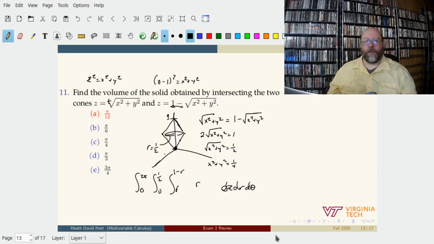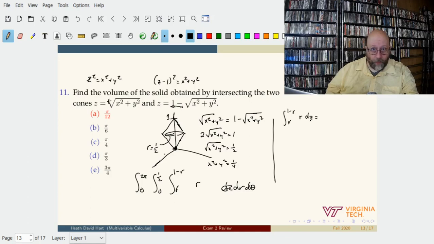And if we take the time to work through this integral, we have to do the inside integral first. The integral of r with respect to z is just rz.